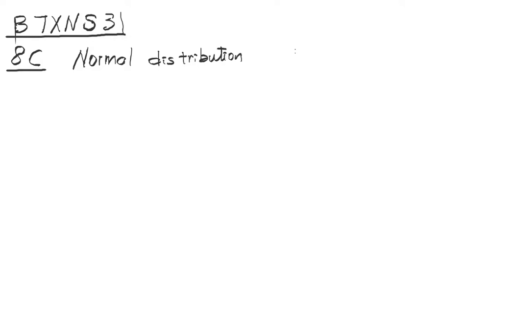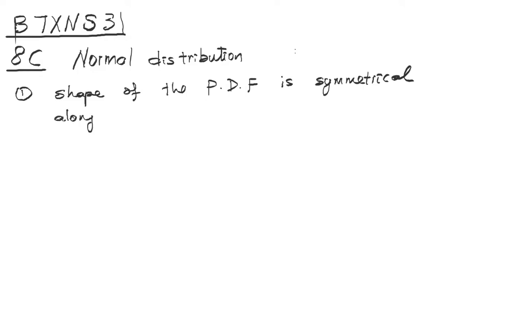So which means that the first thing is, the shape of the probability density function for a normal distribution is symmetrical. Symmetrical around what? Symmetrical along the mean. Okay?